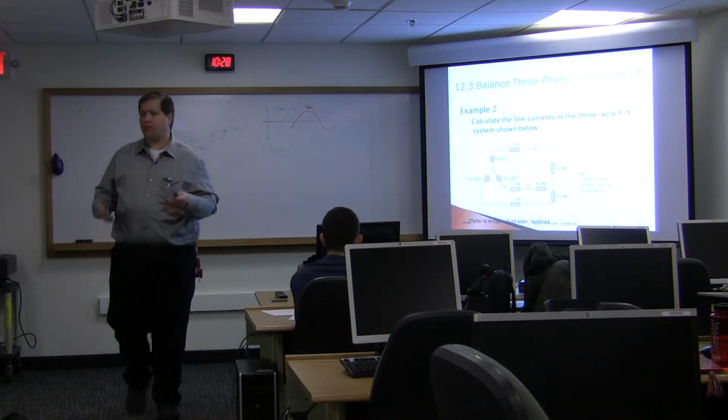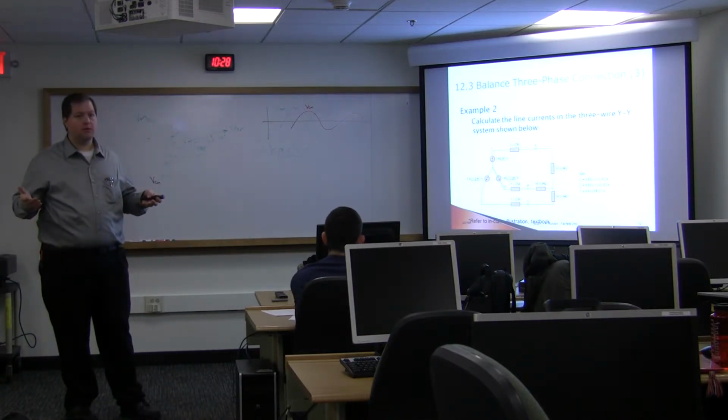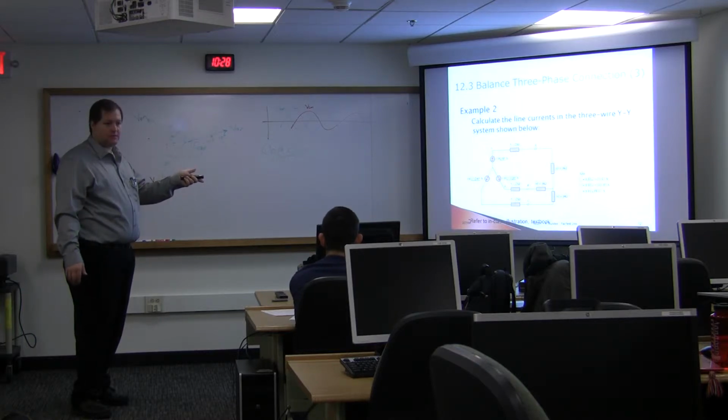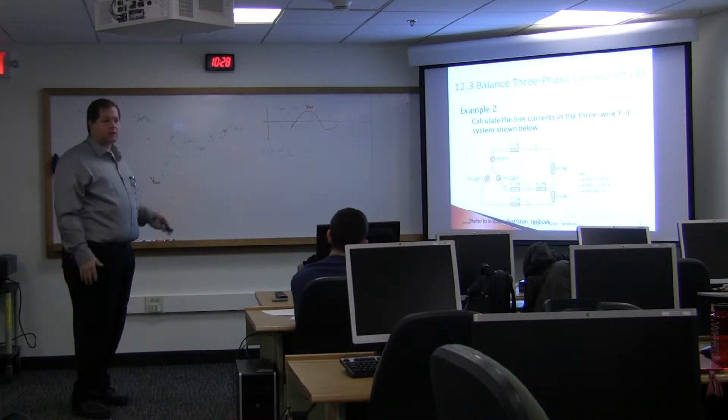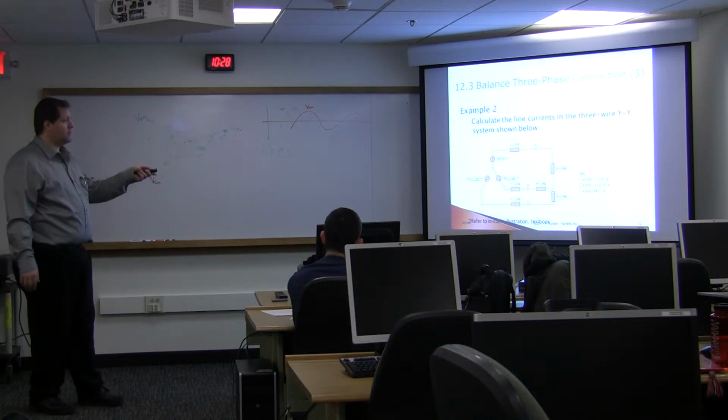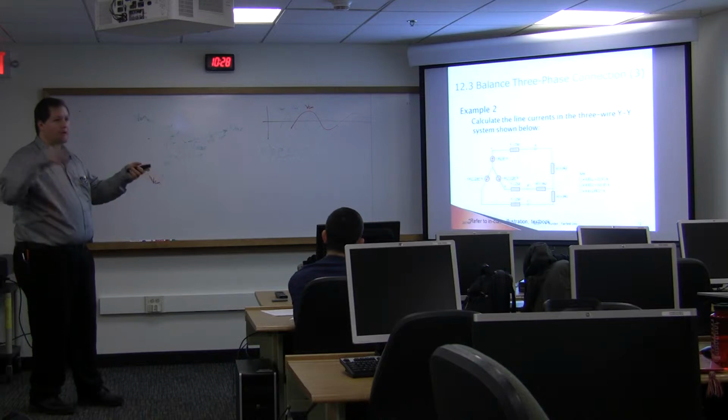So think of that like the Thevenin equivalent circuit. If I'm only looking at this A branch, here I have a voltage supply with an impedance connected to a load impedance. So it looks a lot like the Thevenin equivalent circuit: Thevenin equivalent voltage with a Thevenin equivalent impedance connected to some load that I've chosen.